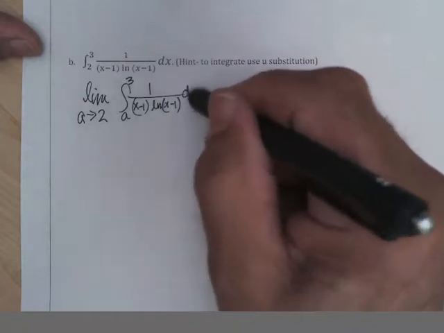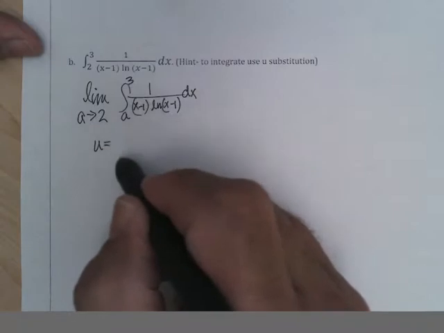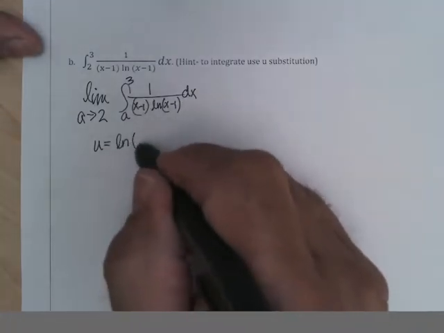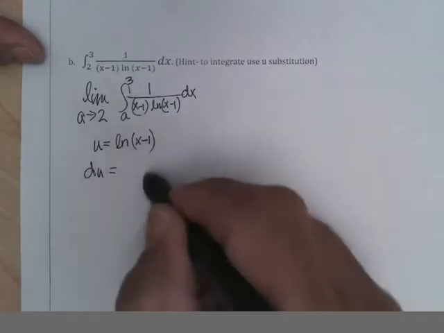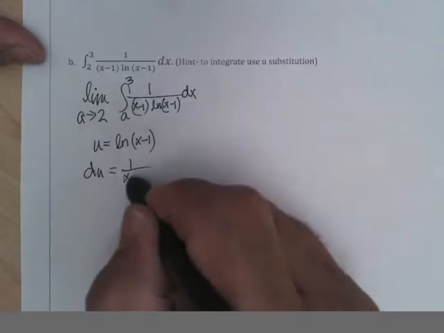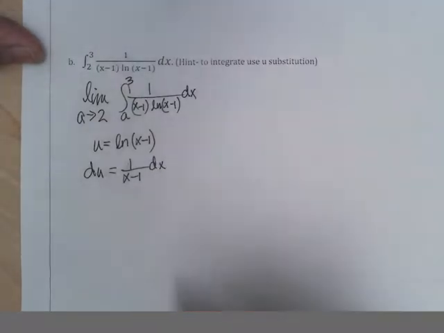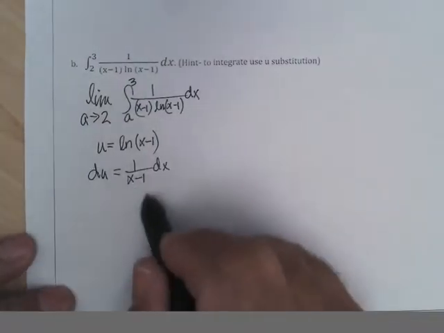And I tell you to use a u substitution, and we'll do it for ln of x minus 1. So du equals 1 over x minus 1 times the derivative of that, which is 1, dx. You multiply by x minus 1.